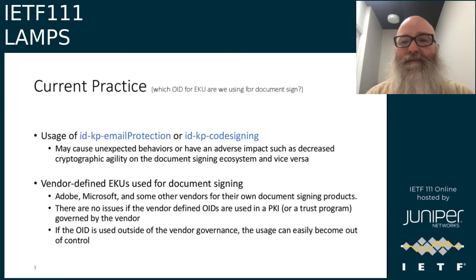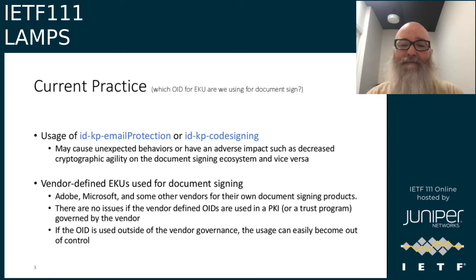Since it's one or more purposes, we could pick an existing EKU that's already defined. We could do email protection or code signing, but we think there are too many issues with unexpected behaviors or adverse impacts if we were to add an additional usage.